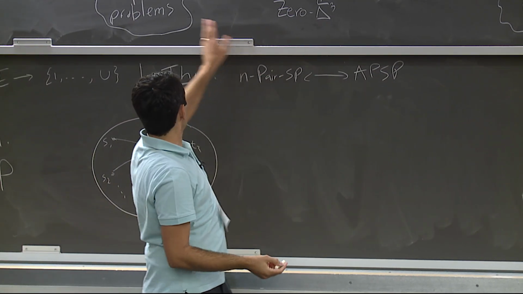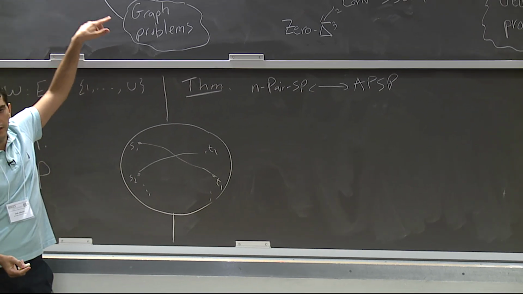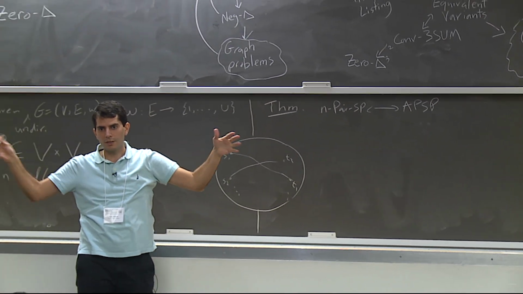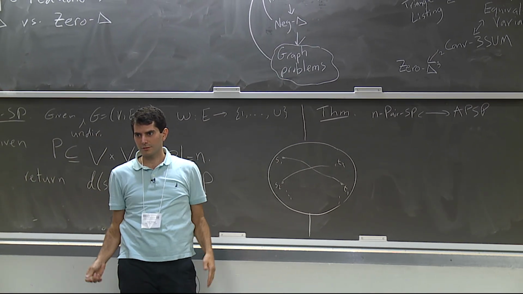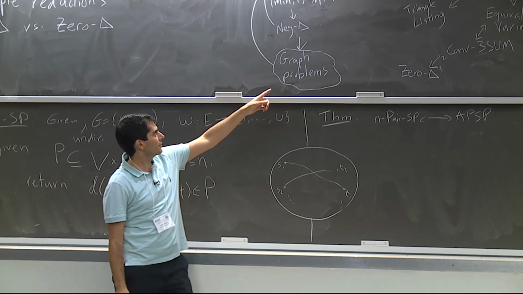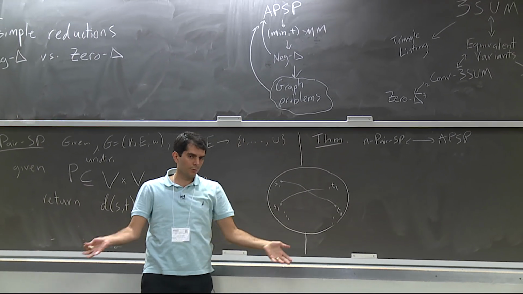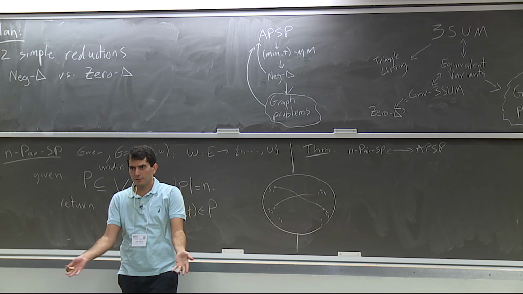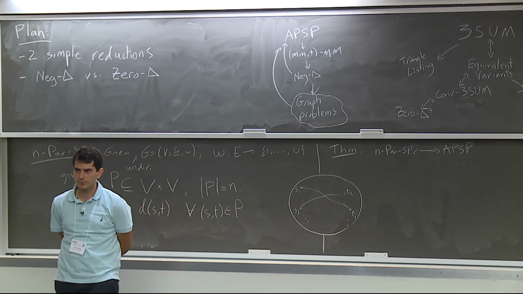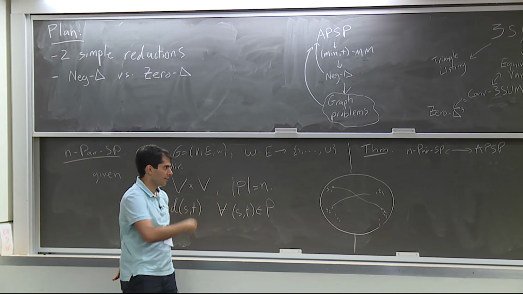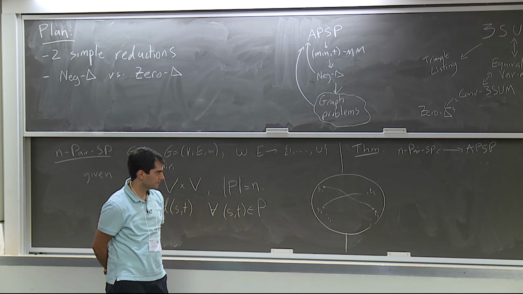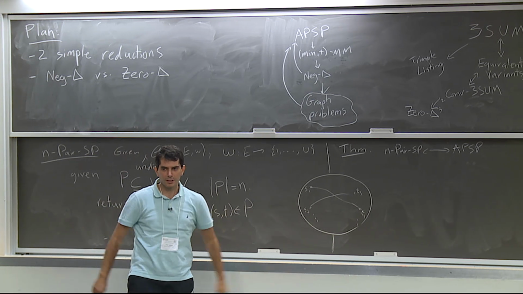Typically for these graph problems, this direction is easy. APSP is the hard shortest path problem. It kind of solves everything for us almost. So this direction is easy. If I give you all pair shortest paths, you can find the n pairs that you care about. It's just a subset. So let's talk about the other direction, and it's a reduction from negative triangle.